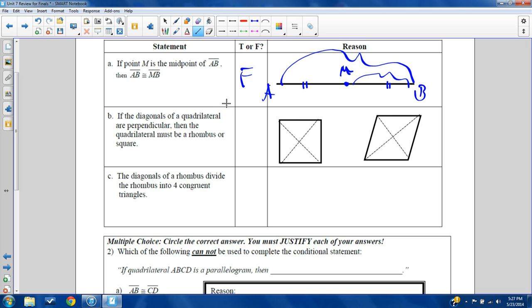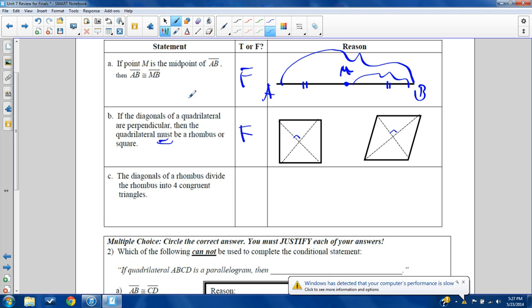The only thing, though, is that this answer is actually false, and the reason is, even though these are perpendicular, notice what the wording is. Must. Must is the most important word of this sentence. Must means there is no other option. There's no other set of diagonals that I can have that would be perpendicular to each other.